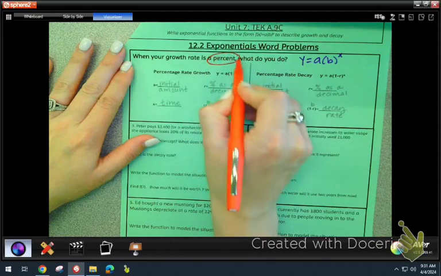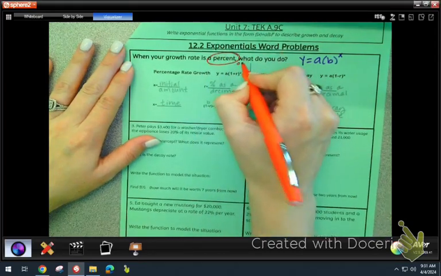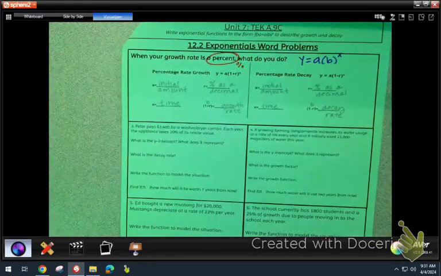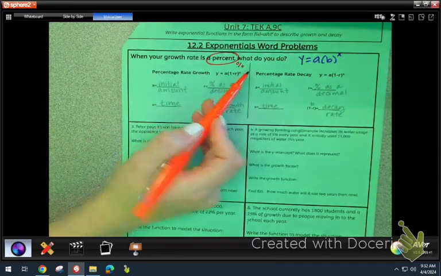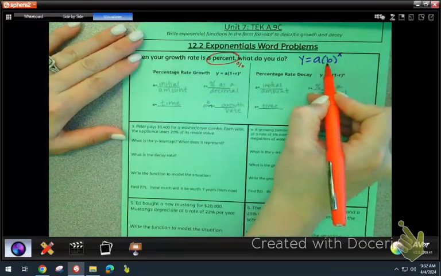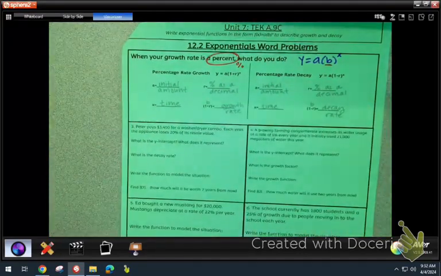So circle this word right here, and draw a percent sign right there. If you're reading your story and it tells you you're growing by a certain percent or decaying by a certain percent, only if you have this percent there, you have to have a slight variation on your b value, okay?